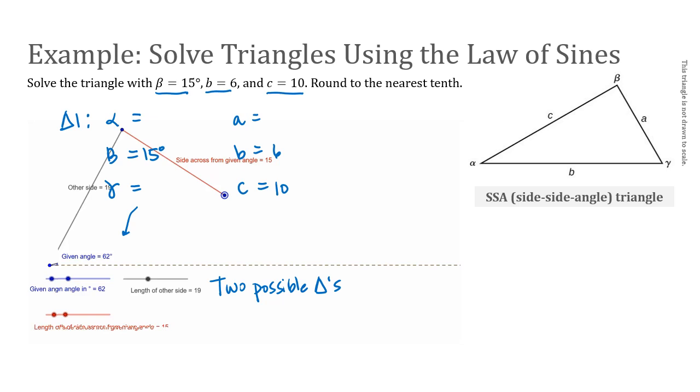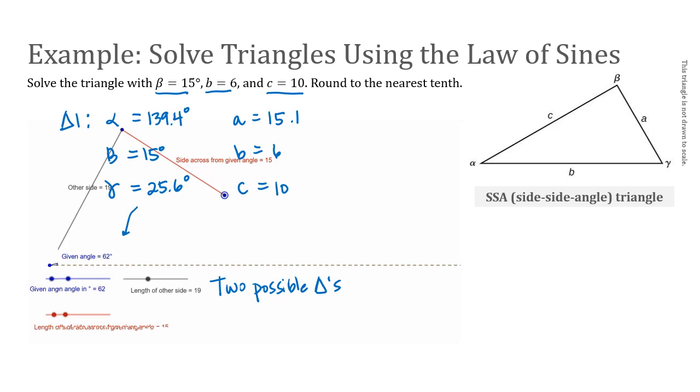Now, in that first triangle, I called it alpha sub 1, and we found that to be 139.4 degrees. When it was 139.4 degrees, then the side across from it was 15.1. When alpha was 139.4 degrees, gamma was 25.6 degrees.